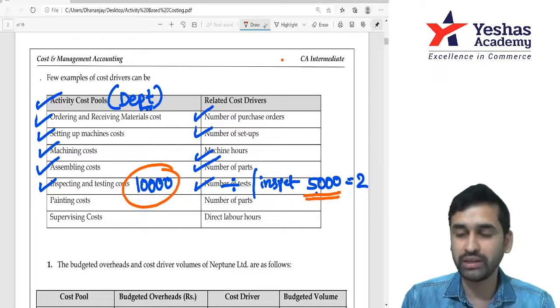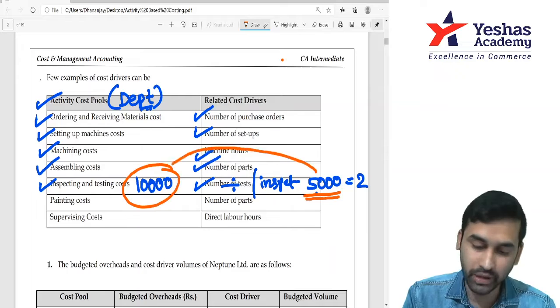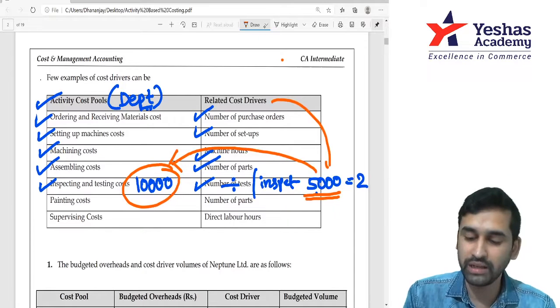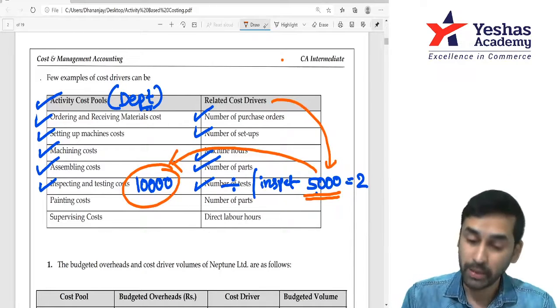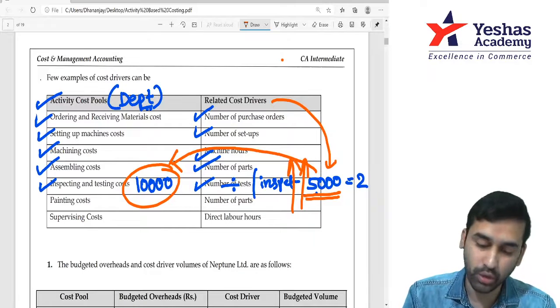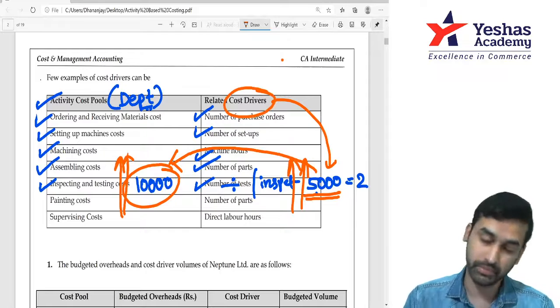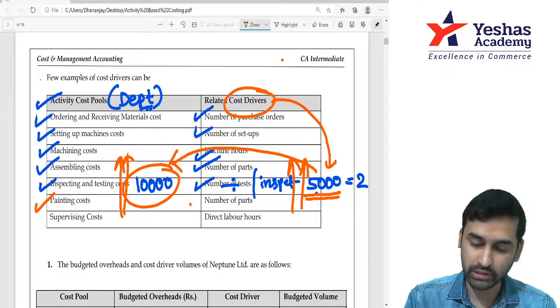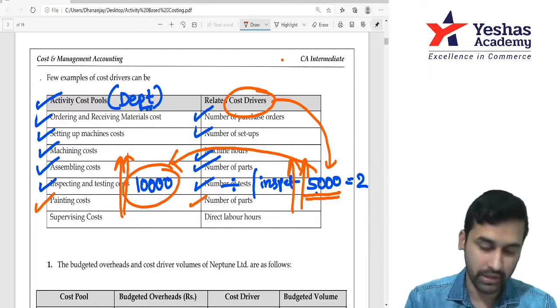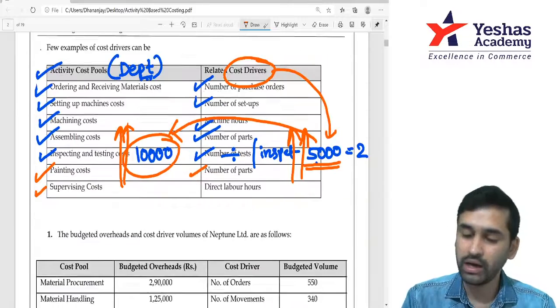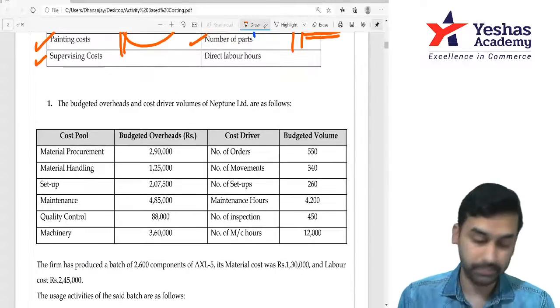Obviously 5,000 tests. That is why I am calling this cost driver. More inspections I do, more will be the cost. This is the driving factor. Yes. Painting cost, number of parts painted. Supervising cost, labor hours. Okay, right.